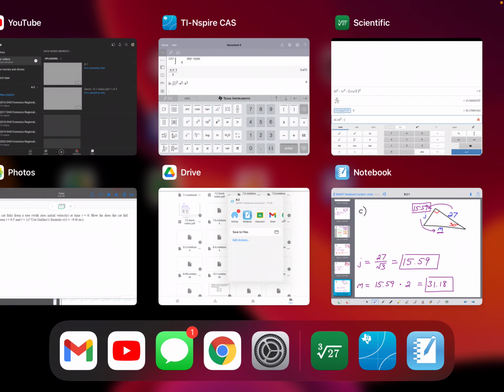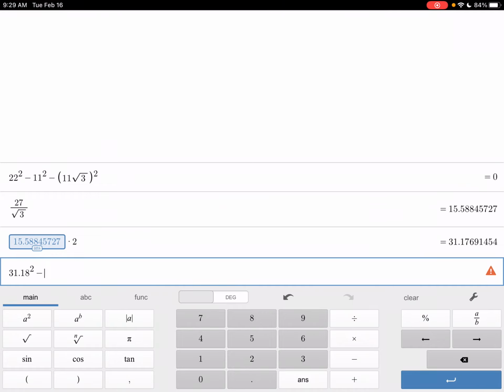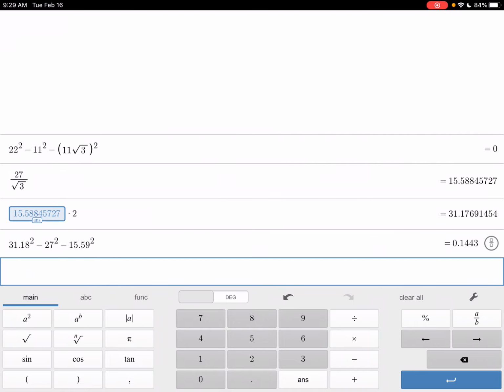Yeah, 27 was the leg that we were given. So minus 27 squared, and then minus the other leg, which I can see on my page here, of 15.59 squared. Now, I'm certain this is not going to give me 0 because 2 of those 3 numbers are rounded decimals, but I got 0.1443, pretty darn small.